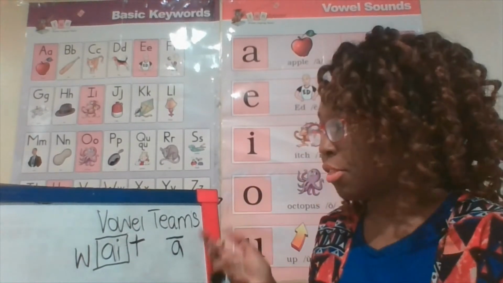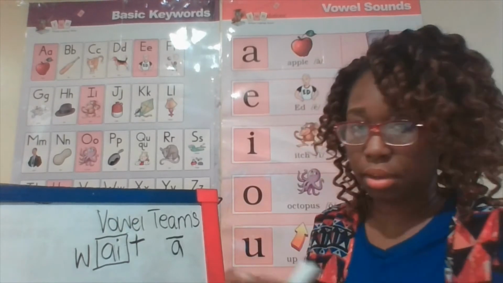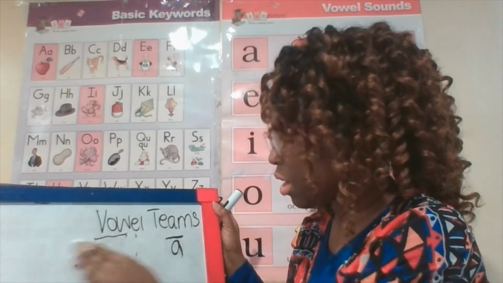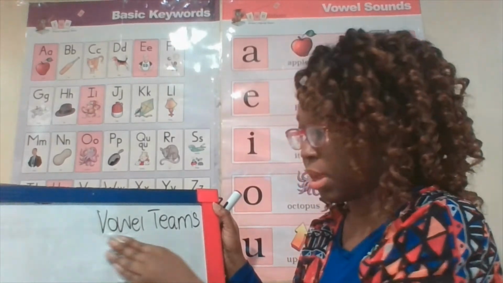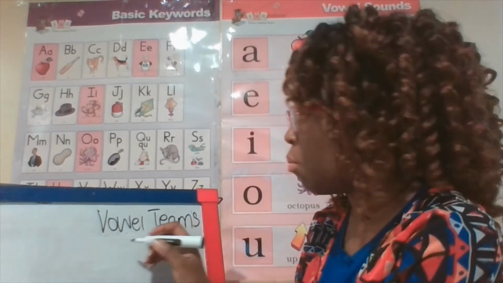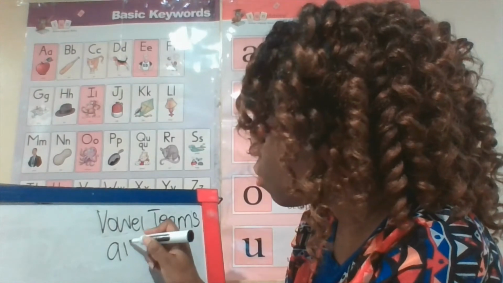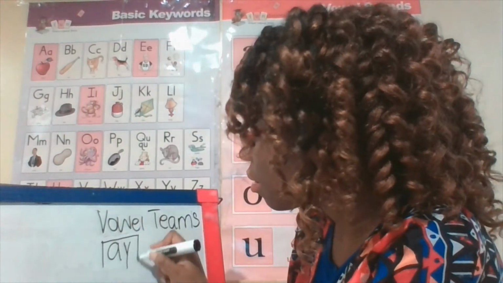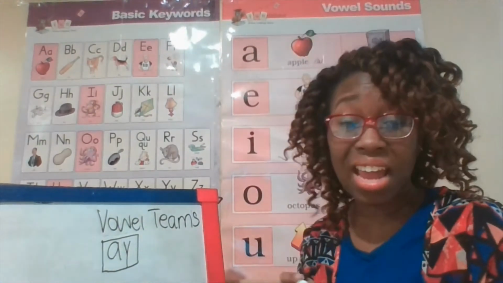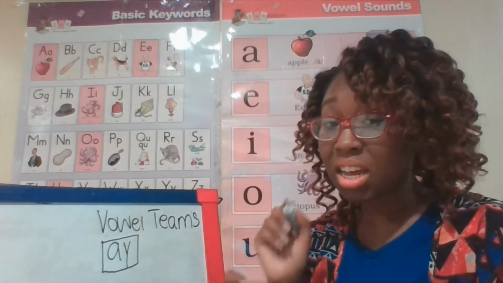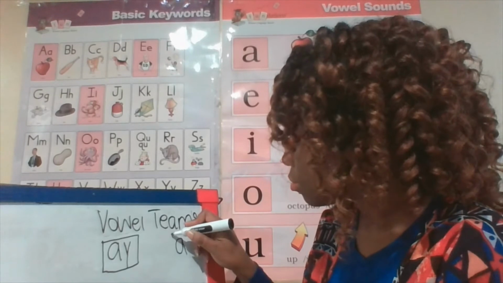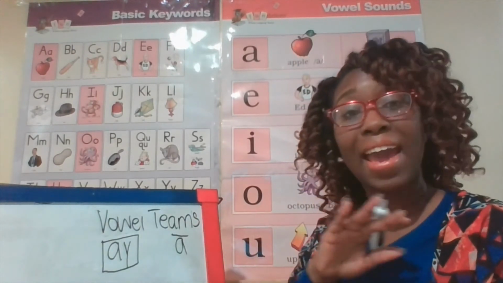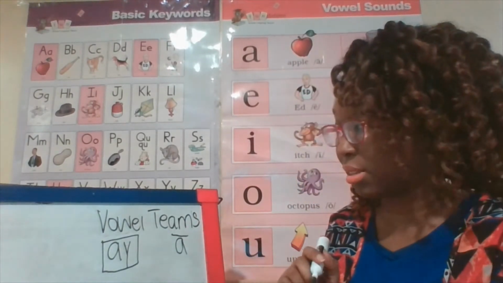What about, let's talk about another vowel team. So now we know the sound of A and I. Getting smarter every day. What about an A and a Y? An A and a Y together. Actually, an A and a Y together makes this sound. The long A, it also makes that sound.